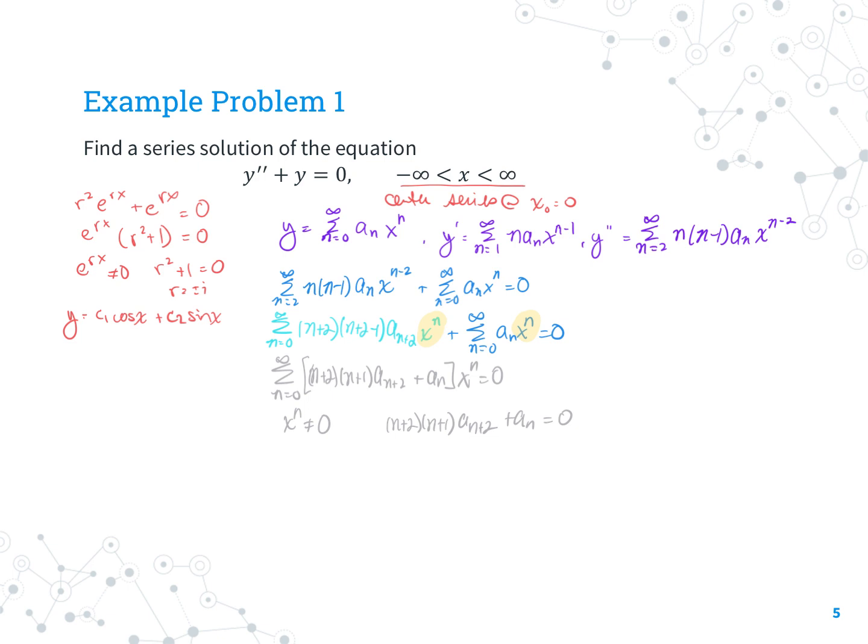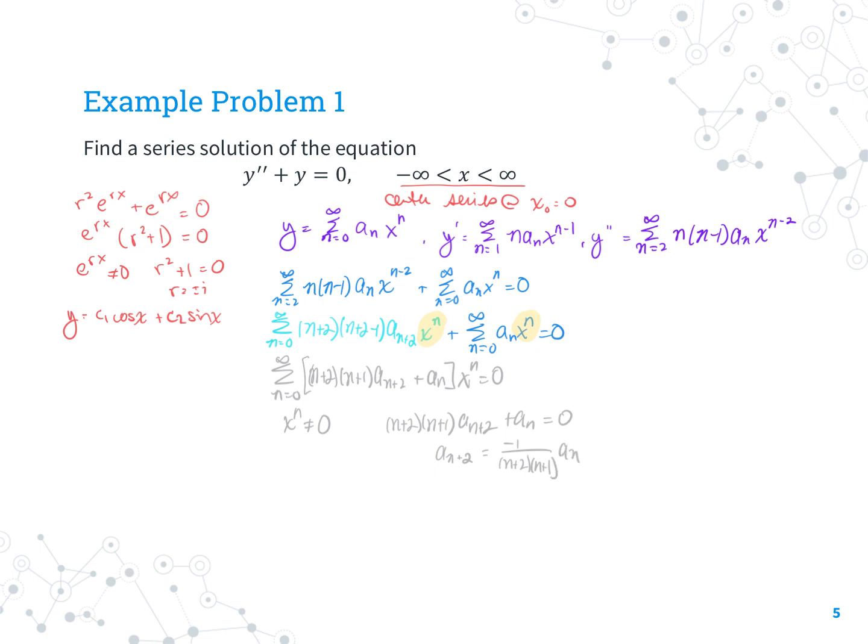Okay, so let's relate a sub n plus 2 to a sub n. If we subtract the a sub n to the other side, and then divide by the n plus 2 and n plus 1, we can find a sub n plus 2. So it would be negative 1, sorry, over n plus 2 times n plus 1, all times a sub n.